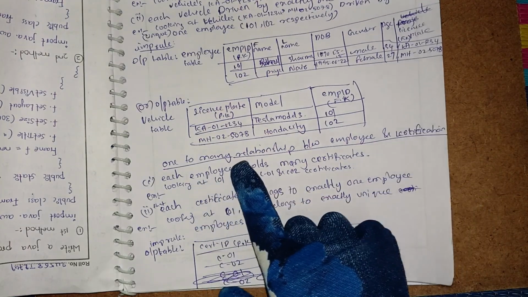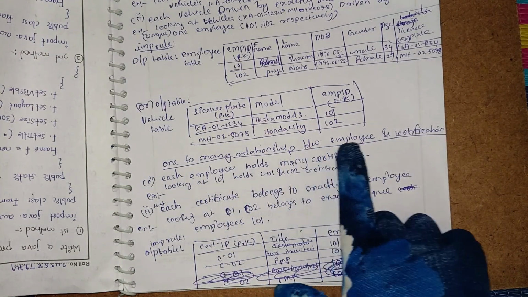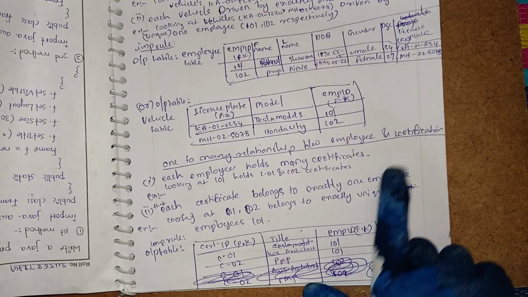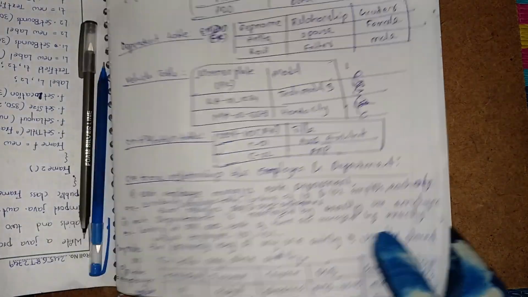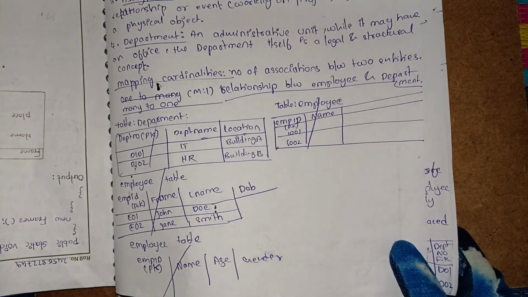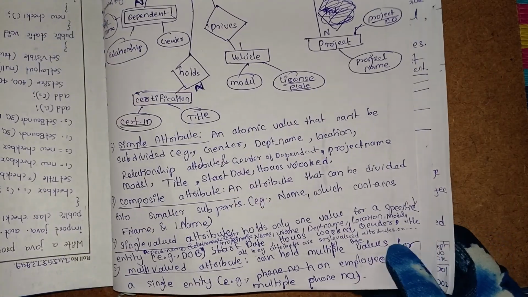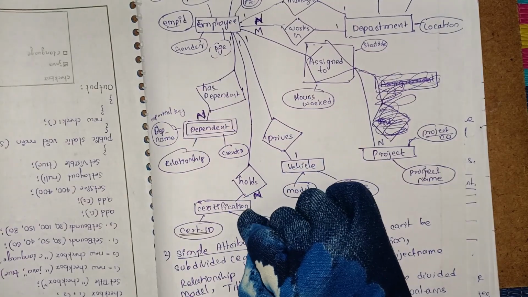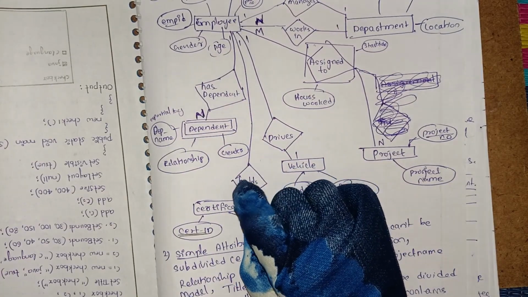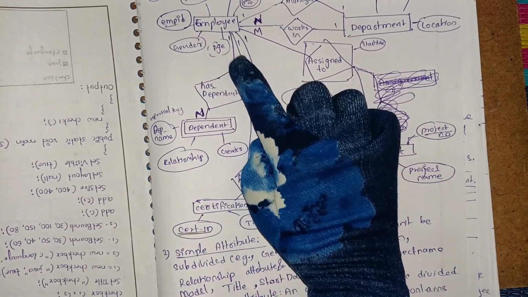And one to many relationship between employee and certification. Here employee and certification is there. The relationship holds one to many.